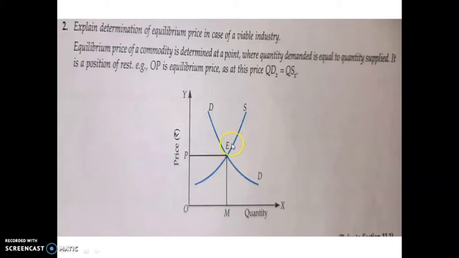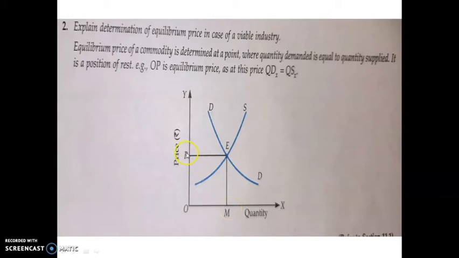In such questions you have to draw the diagram. In the diagram, the demand is a downward sloping curve, supply is an upward sloping curve, and they intersect at point E. Corresponding to this point, the price on the y-axis determines the price, and the x-axis measures quantity. At point E, we determine equilibrium price and equilibrium quantity.